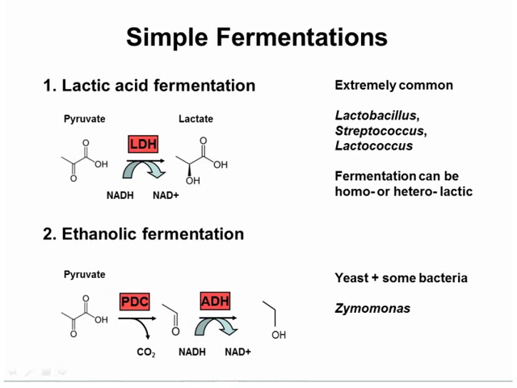Lactate, lactic acid, if this is produced in high quantities, the pH of the medium is going to go down. So the medium will become progressively more acidic. So the bacteria that produce lactic acid are going to have to be resistant.